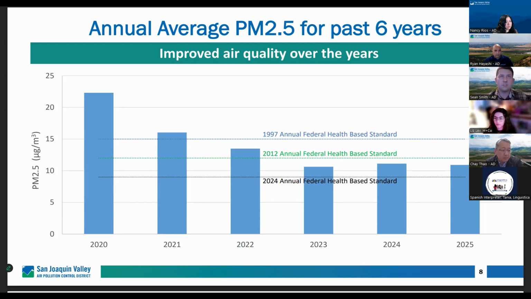People who are sensitive typically have respiratory ailments like asthma, and it can even be attributed to premature death. So it's very important that we continue this mission, and at the district, we're trying to meet the new federal health-based standard. Slide, please.